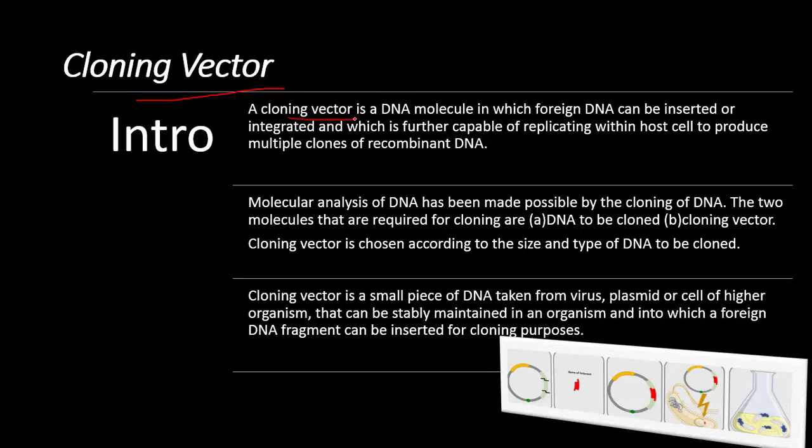A cloning vector is a DNA molecule in which foreign DNA can be inserted or integrated, and which is capable of replicating within the host cell to produce multiple clones of our recombinant DNA, or chimeric DNA, or our gene of interest.